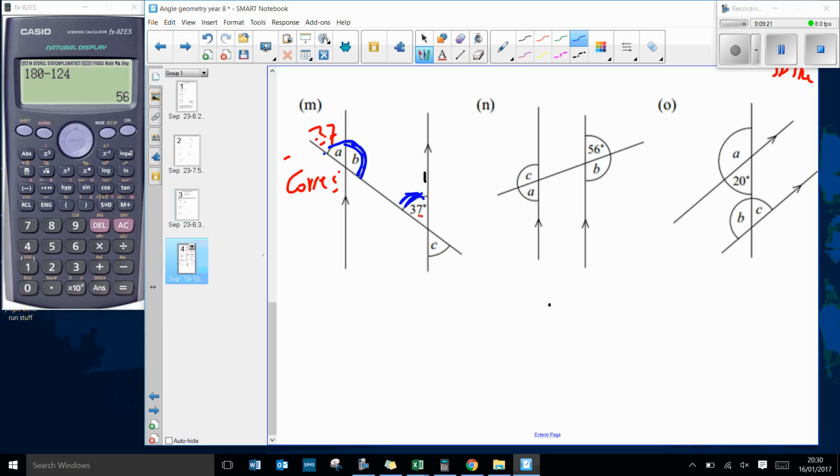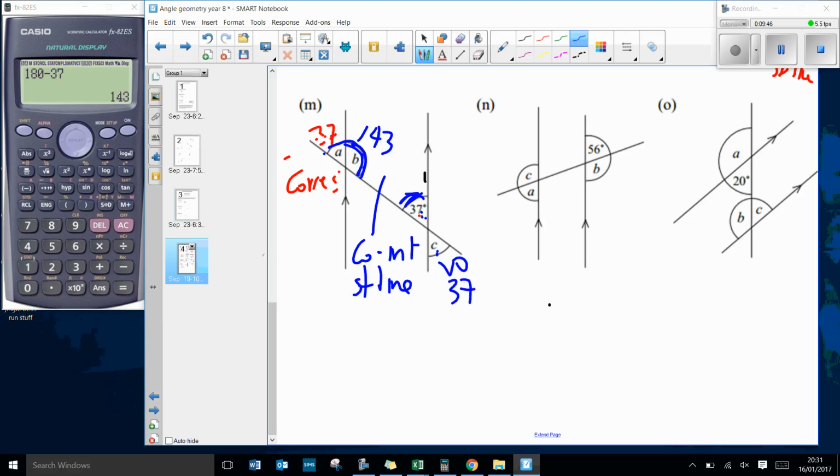Either way, they would add up to 180. So we've got 180 minus 37 to give 143. So you can have co-interior, or you can have on a straight line. And then C is a straightforward vertically opposite angle, so it's 37.